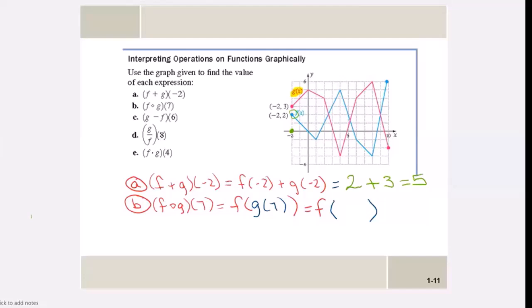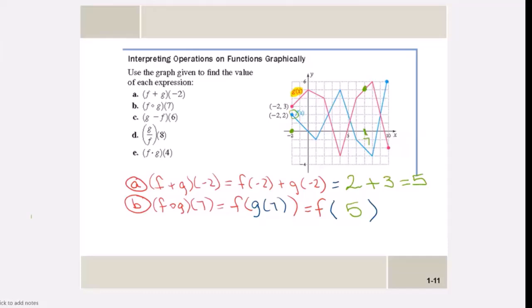Remember, the 7 is my x value. So I go along, here's 5, 6, 7. So right here is 7. And I am looking for g. G is pink. So I go up and I find right here, g of 7 is equal to 5.